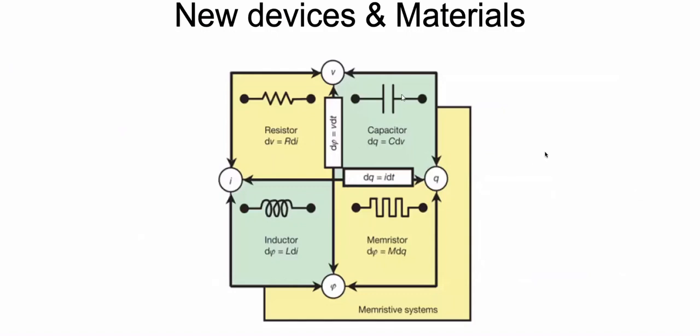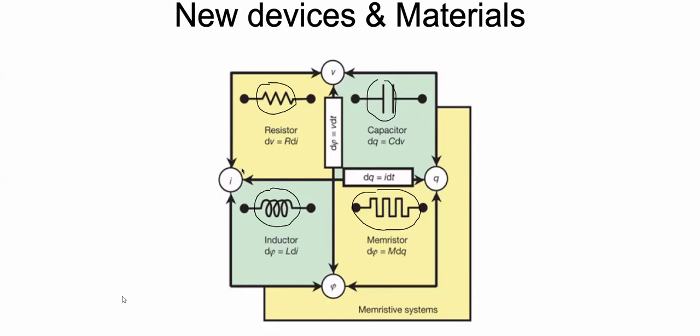For example, new devices and materials. You're all familiar with resistors, you're all familiar with capacitors, you're all familiar with inductors. I think most of you are less familiar with memristors. The memristor is kind of the missing link in all this, because we have voltage and current and the integral of the voltage and integral of the current.